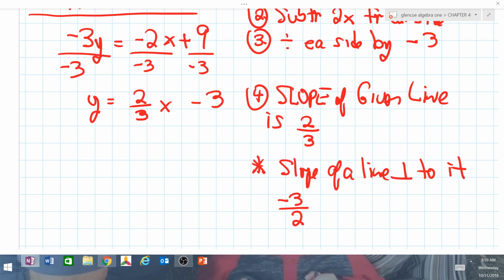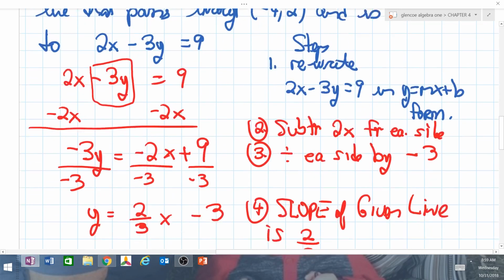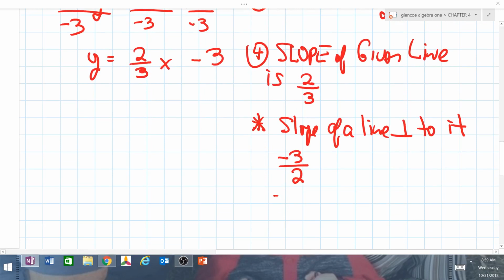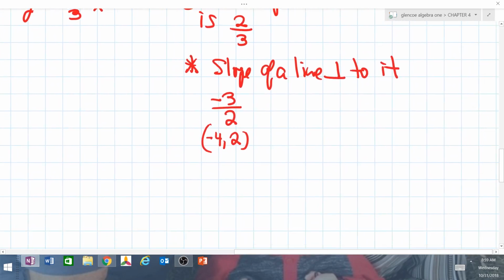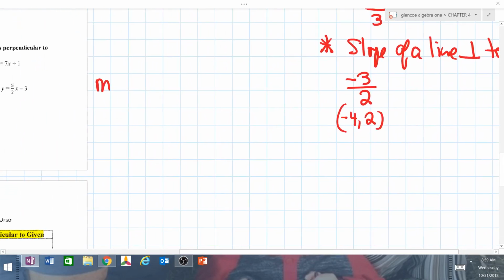Are you with me? Okay, so here we go. Now I have everything I need. I have the slope, and my point was -4, 2. So now I have all of the ingredients. The slope is -3/2. What's x1, guys?